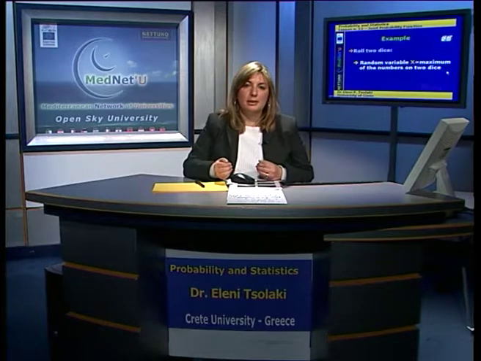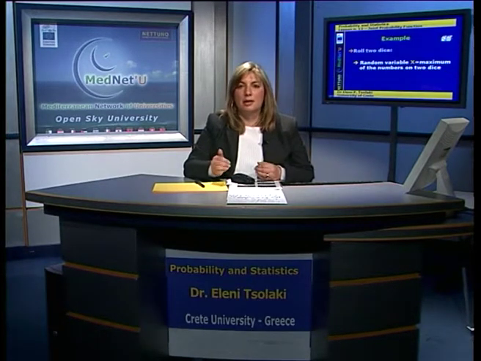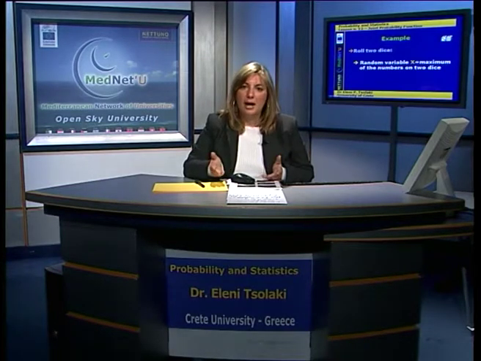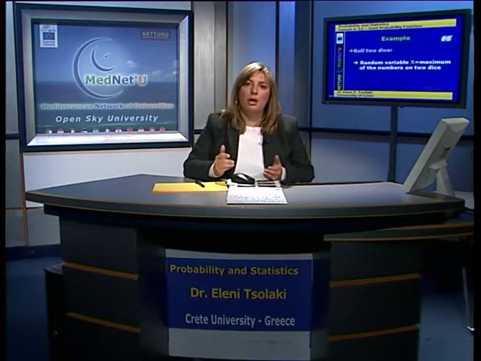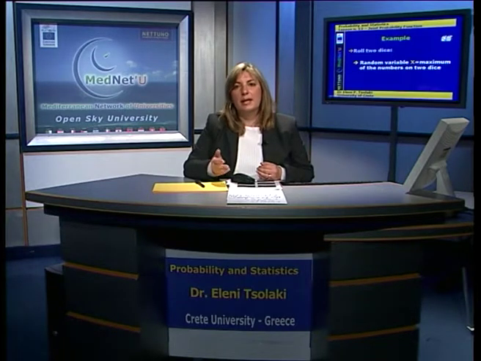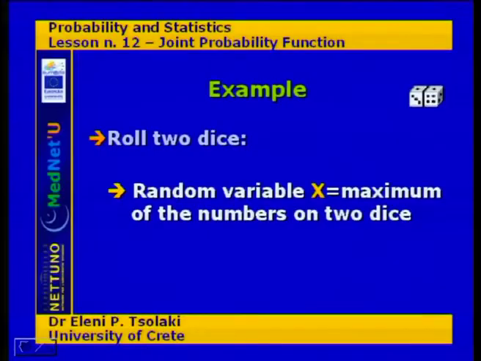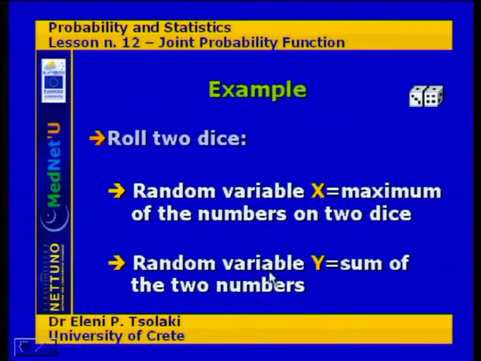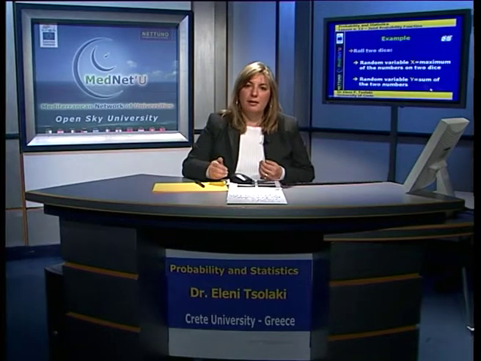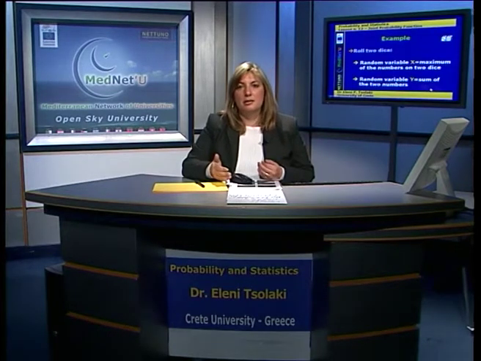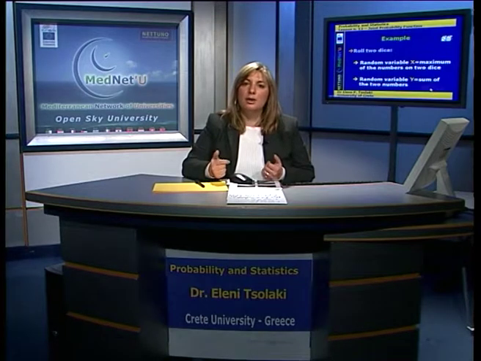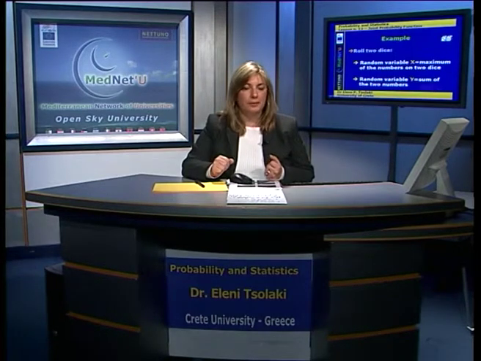What it means is that if we roll two dice and we observe a 6 and a 5, the maximum will be 6, so the random variable x will take the value 6, and so on. Random variable y will be the sum of the two numbers we have observed. If we observe a 6 and a 3, y will take the value 9.